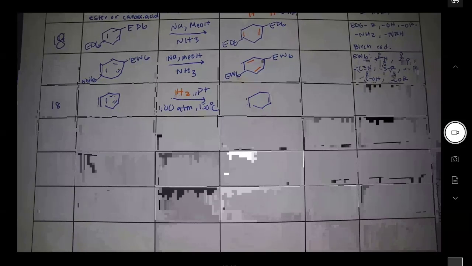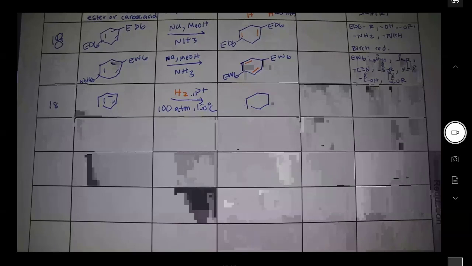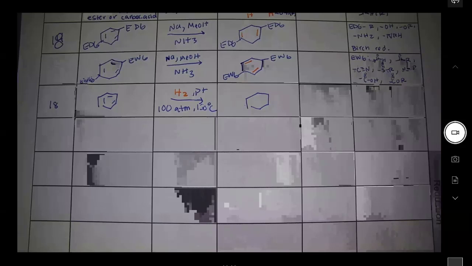So H2 platinum doesn't work on benzene normally. You have to use high pressure and then high heat. Some students on their total synthesis project use this method in order to reduce their structure.